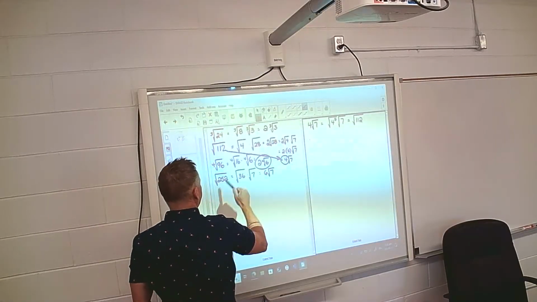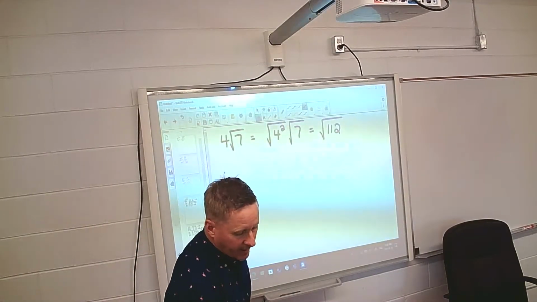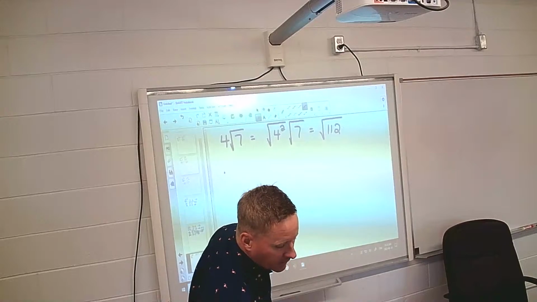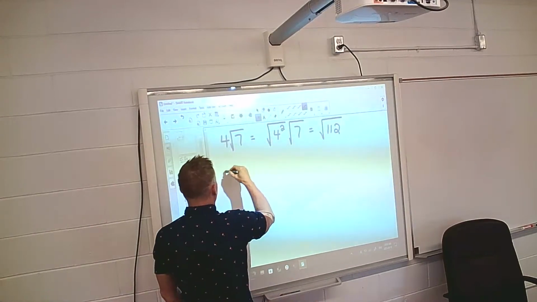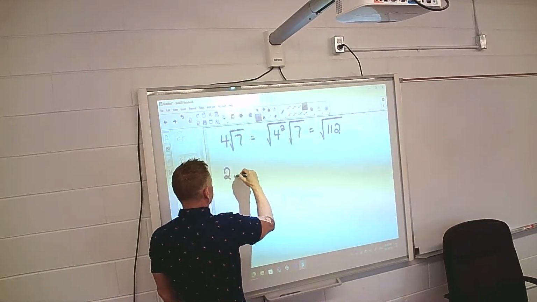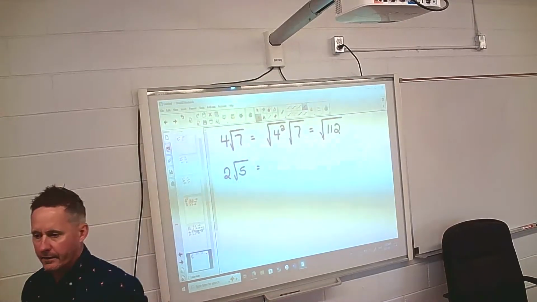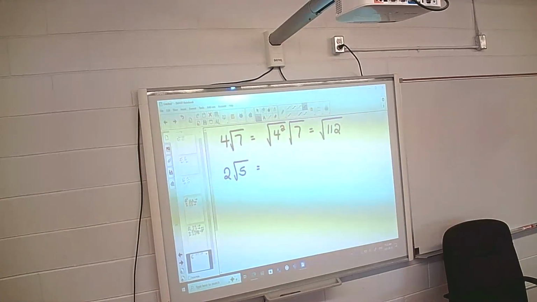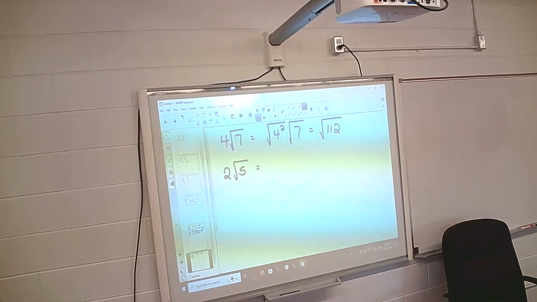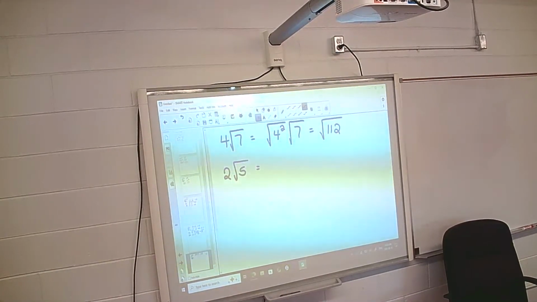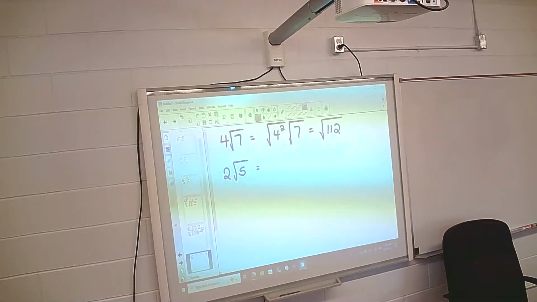Okay, so let's try this again. I'm going to use something different than the book just for a second here. What is step number 1? Index into the square root.